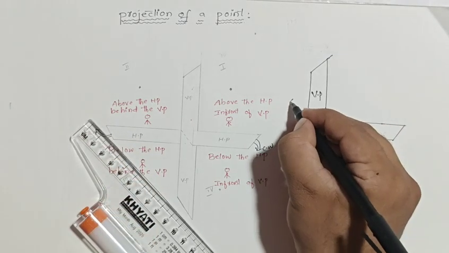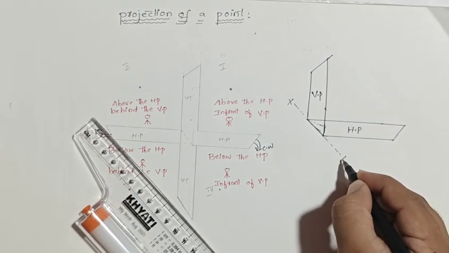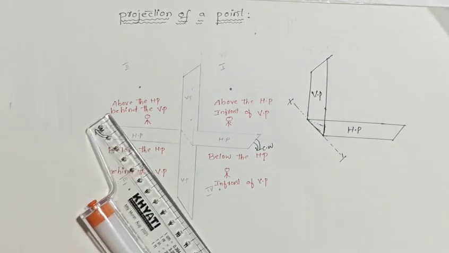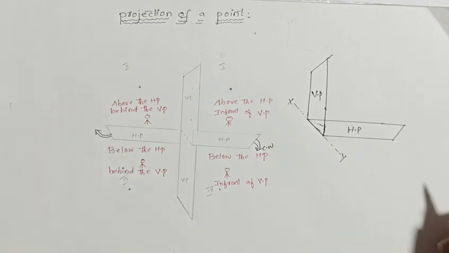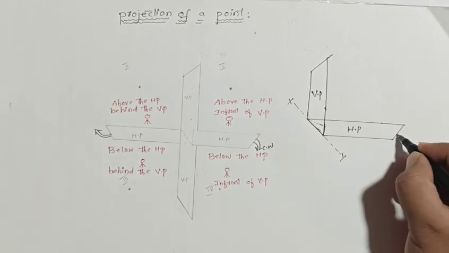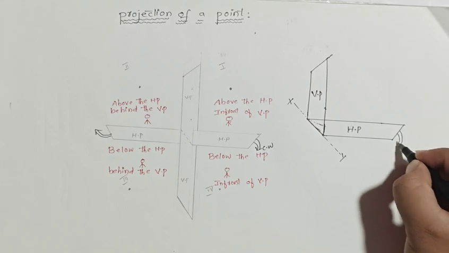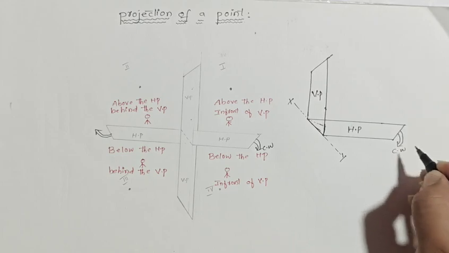It represents as X and Y. Clear? Just now I told you this horizontal plane will rotate in the clockwise direction. Which direction here? Clockwise direction.